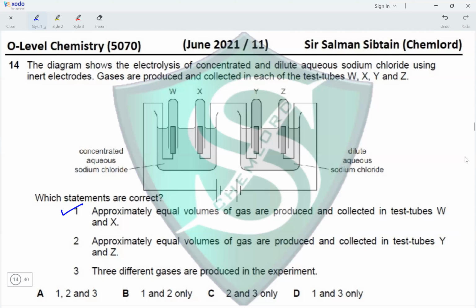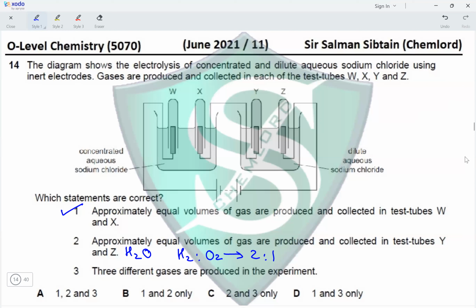In statement 2, we have approximately equal volumes of gas produced and collected in test tubes Y and Z. Now the problem is in test tube Y we have collection of oxygen, and in Z we have collection of hydrogen. When water is electrolyzed, the ratio of hydrogen to oxygen is 2:1.